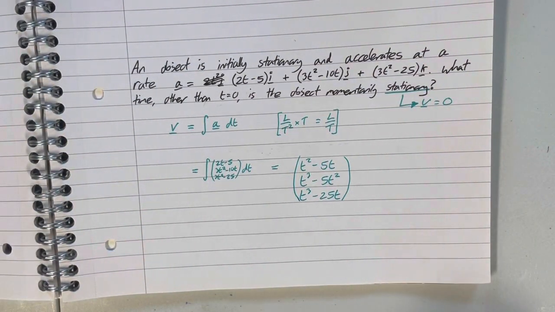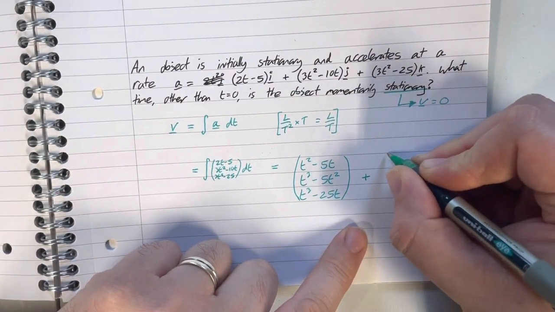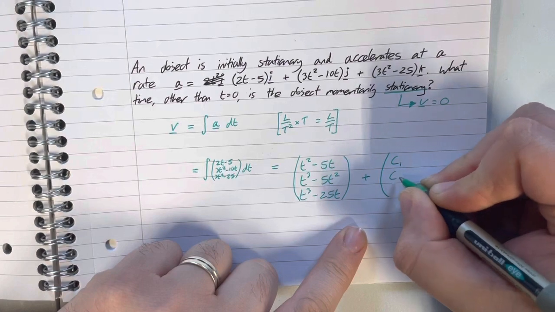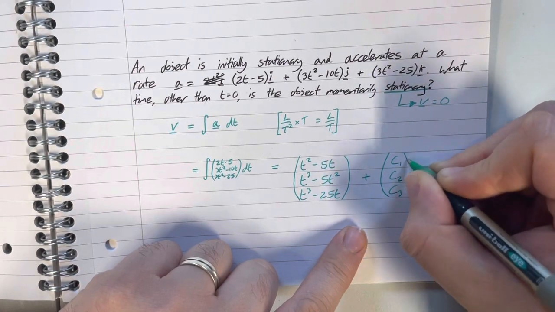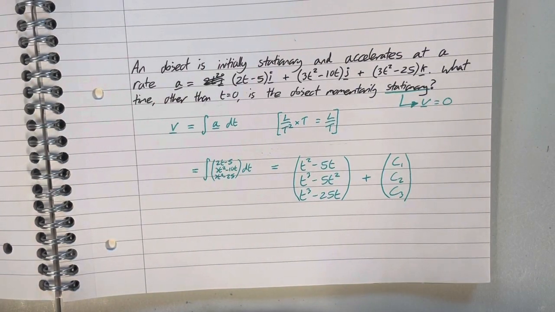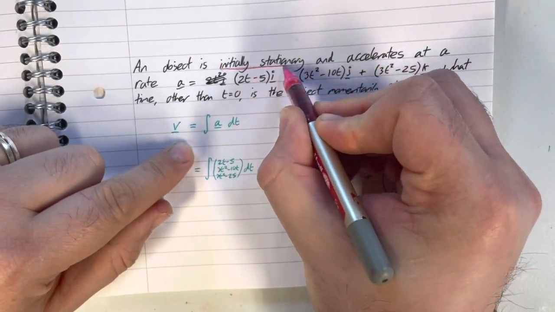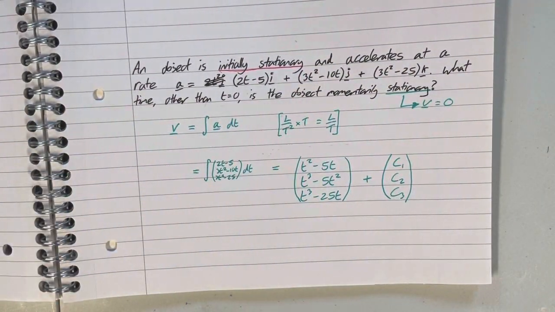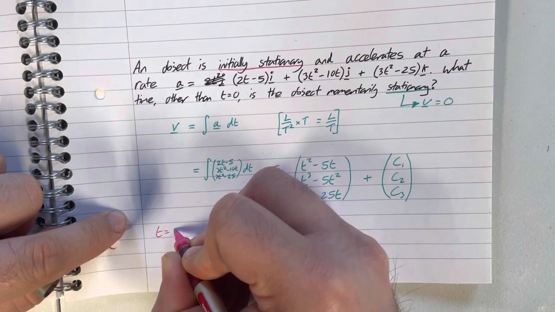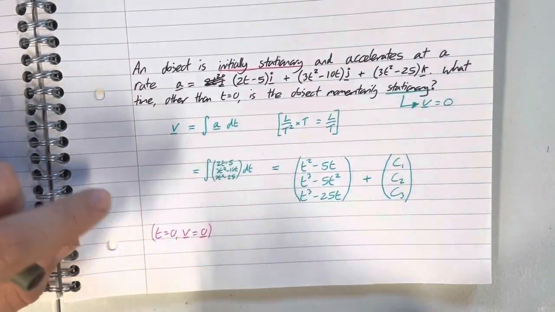And then we also have a constant of integration, but this time the constant of integration will be a vector. So C1, C2, C3. That is our constant of integration. Well, how do we find the constant of integration? We're told that it's initially stationary. That means that when t equals 0, v equals the 0 vector.